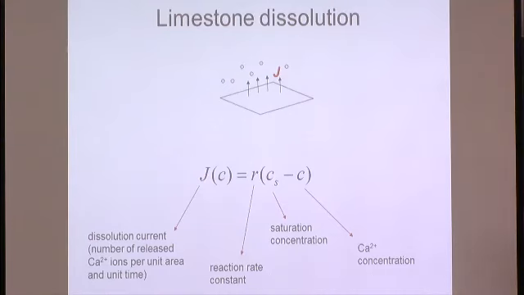The first thing is that we need to describe the dissolution in a quantitative way, and so we need to assume or find experimentally the expression for the so-called dissolution current, which is just the number of dissolved molecules of calcium carbonate per unit area of the fracture wall, per unit time.